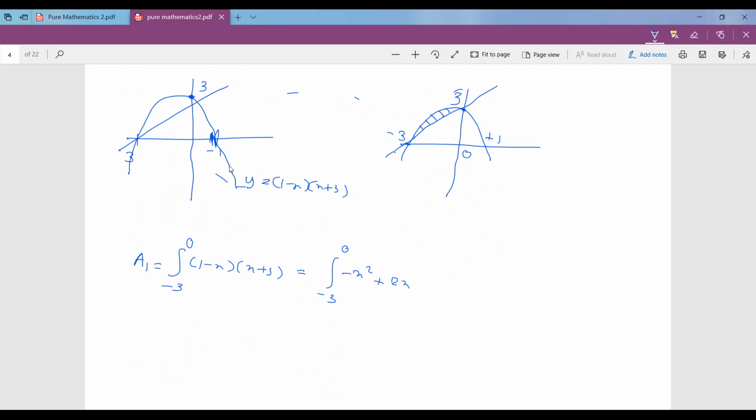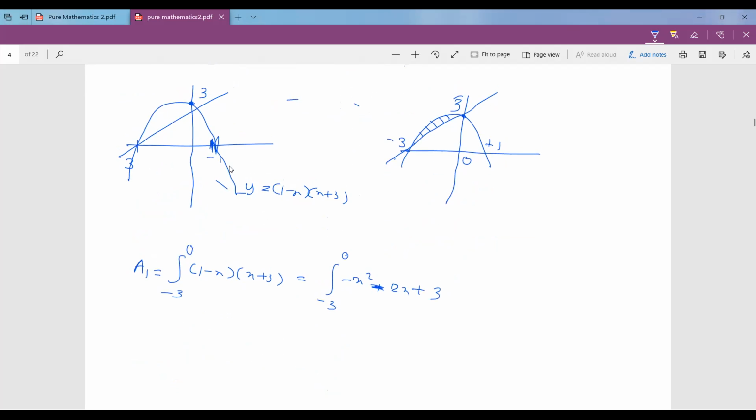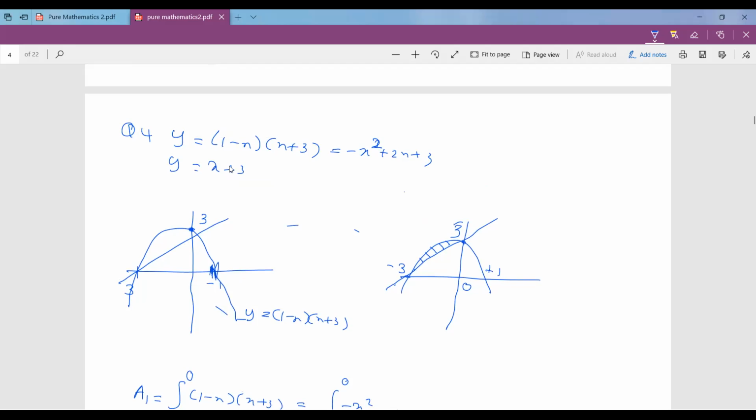Sorry, it should not be plus 2x, it should be minus 2x. Minus x into x is minus x squared, and minus x into 3 minus 3x, plus x gives minus 2x.